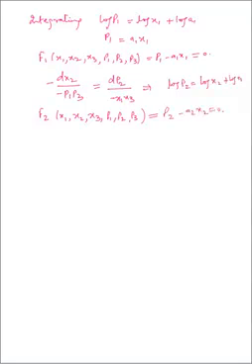Because here we have put x1 x2 x3. This is equal to minus x1 x2 x3. So we cancel out x1 x3 and x2 is there upon P2. So this will give log P2 is equal to log x2 plus log A2.